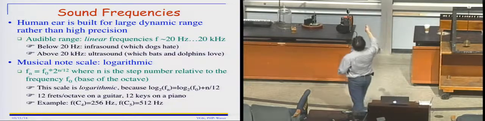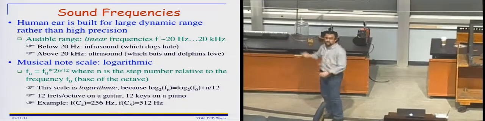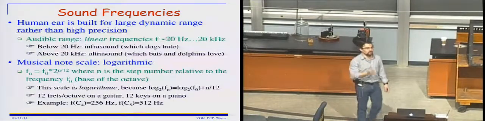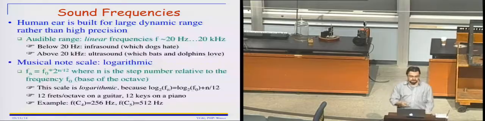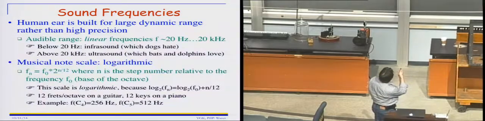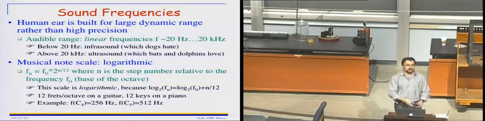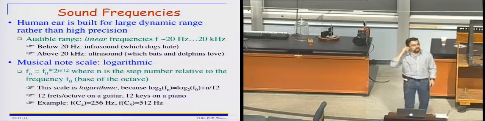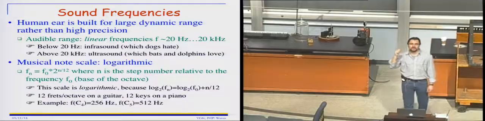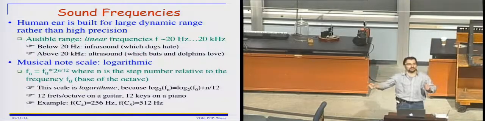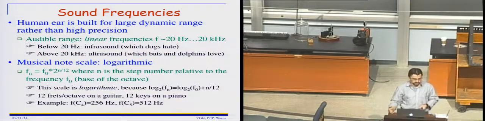One is the frequency that you can actually hear, this audible frequency range, which ranges from about 20 hertz to about 20 kilohertz, or a range of about 1,000. Actually, building a device that's sensitive to a factor of 1,000 in frequencies is not so easy.